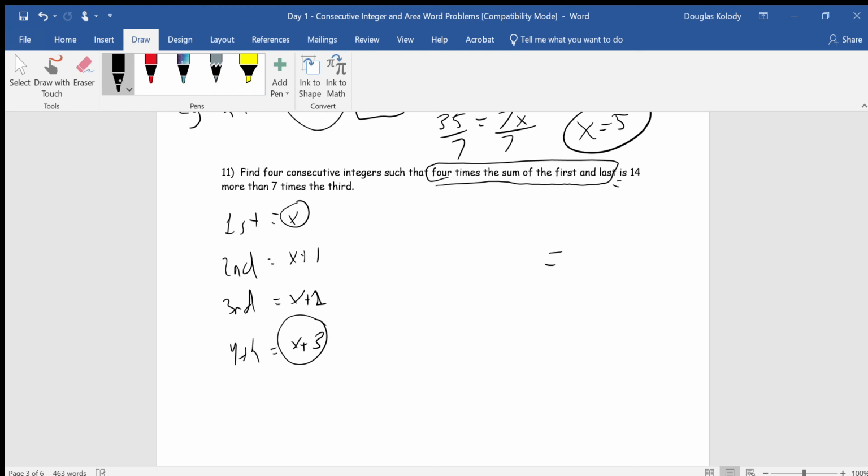The sum of the first and the last is x plus 3. Then it says 4 times that sum, so I'll do 4 times that. Is 14 more than, so I'll do 14 plus 7 times the third. The third is x plus 2. Okay, 7 times x plus 2. I'm running out of time, so I'm going to pause here and you can solve this one.